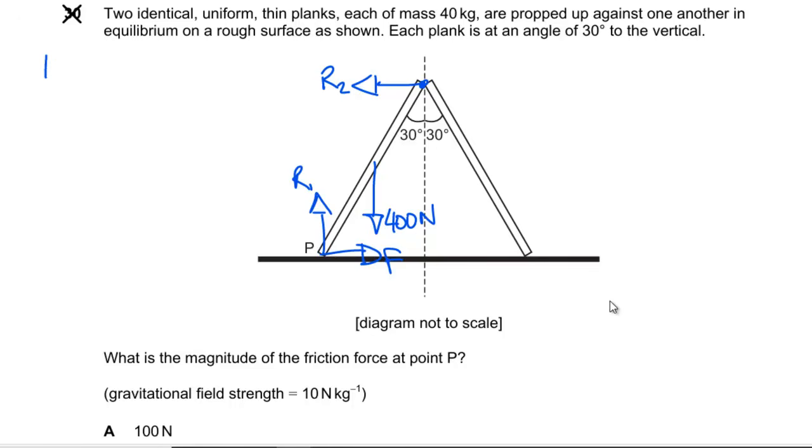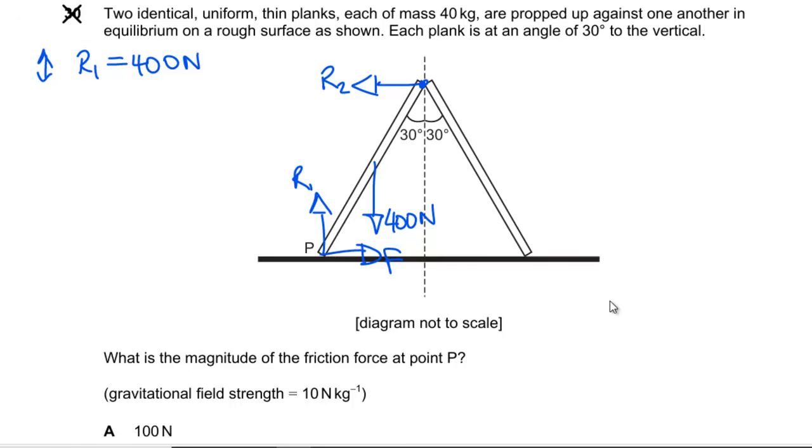So resolving in the vertical direction for this left-hand plank, we're going to see that R1 is 400 newtons. That's our only upwards force, and the 400 newtons is the downward force. Then we can go about doing our moments about the point at the top.